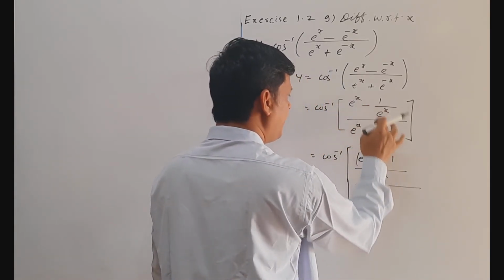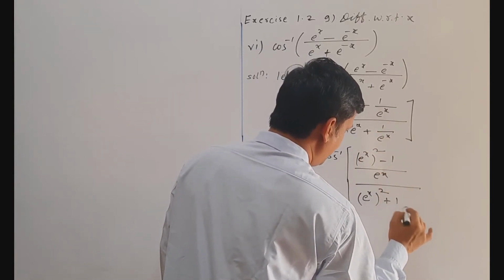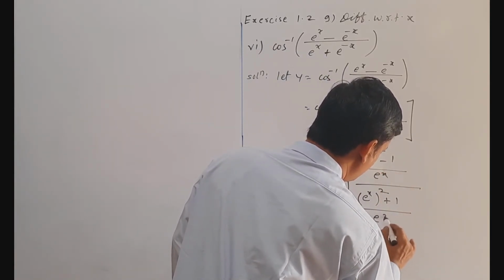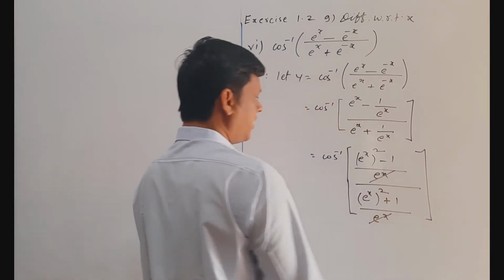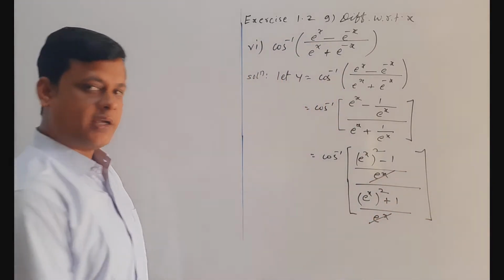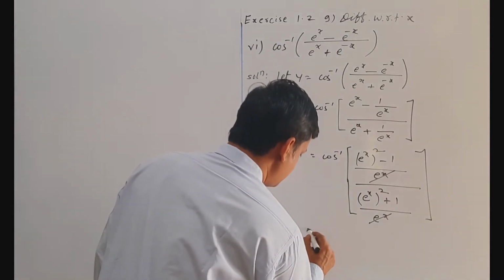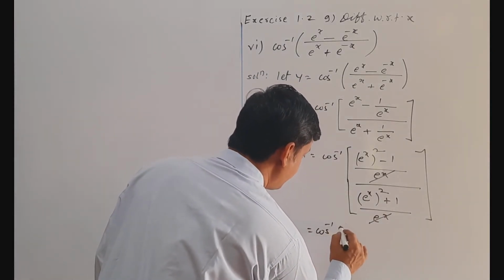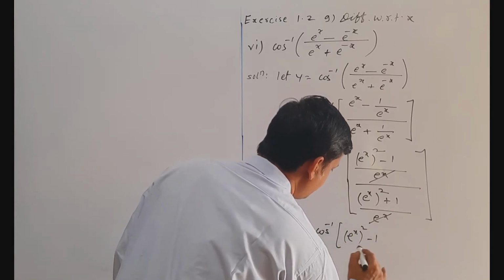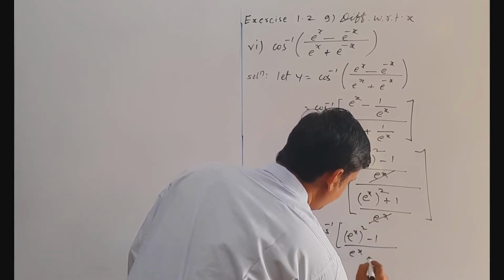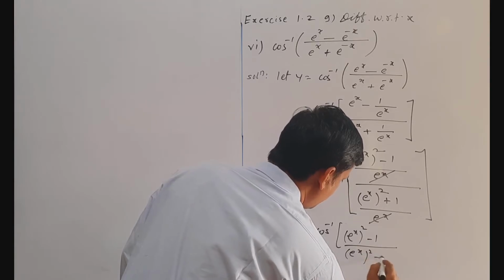So here instead of minus sign, the sign is plus. So we write plus 1 upon e raised to the power x. Now this e raised to the power x gets cancelled with this e raised to the power x. So we write this as cos inverse of ((e raised to the power x) square minus 1) upon ((e raised to the power x) square plus 1).